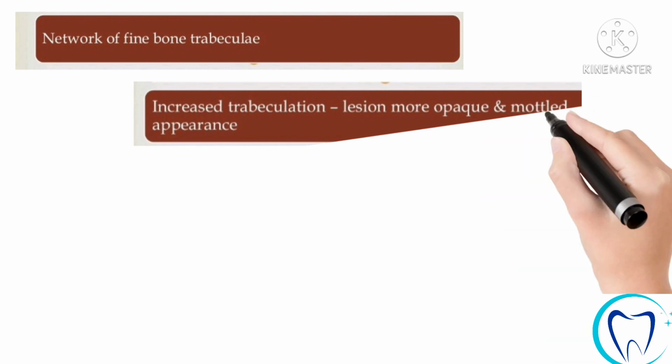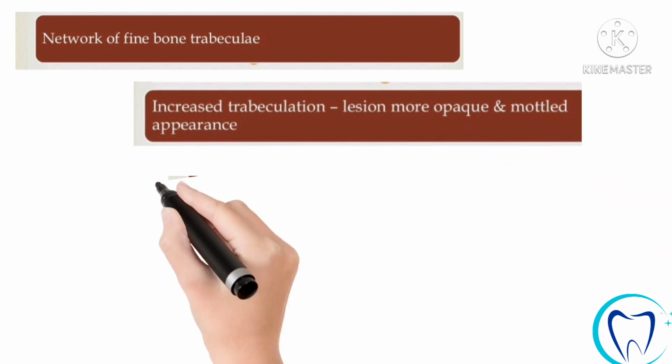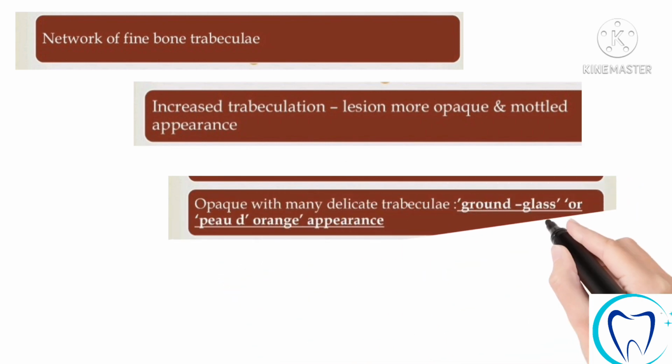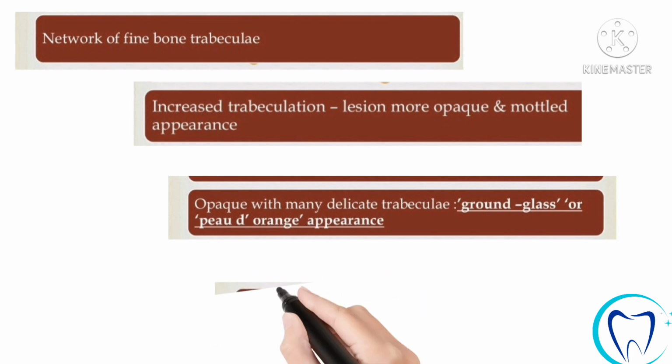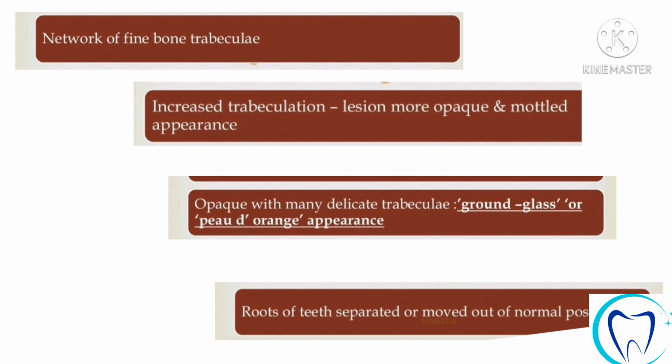There is increased trabeculation, which is more opaque and mottled. The classical appearance is ground glass, and the roots of the teeth are separated or moved out of the normal position.